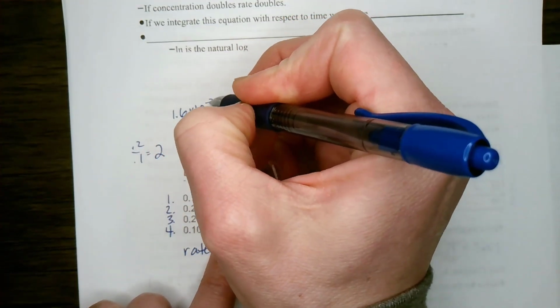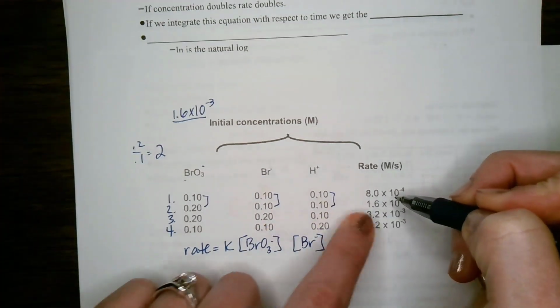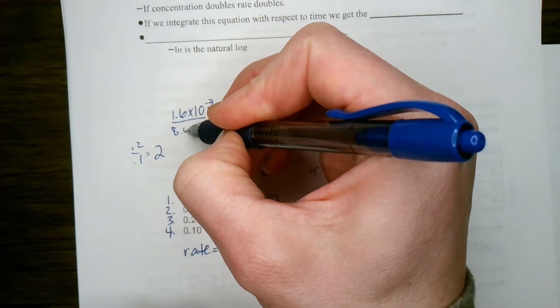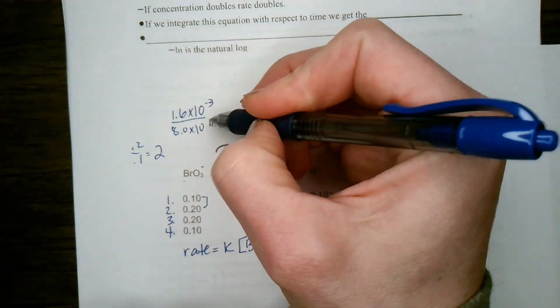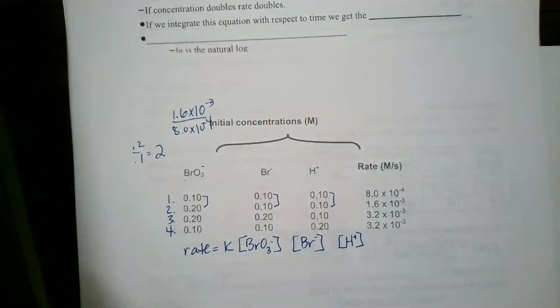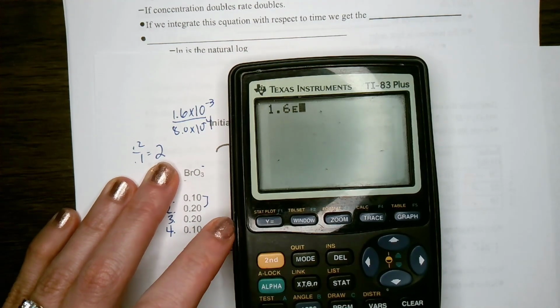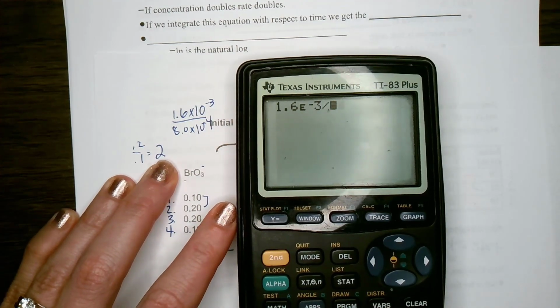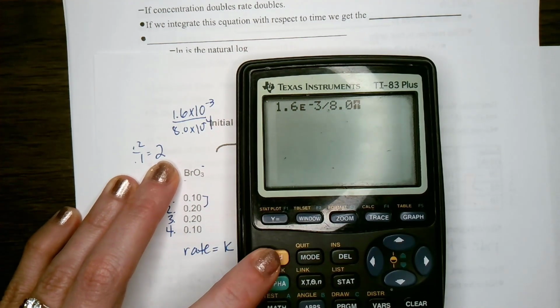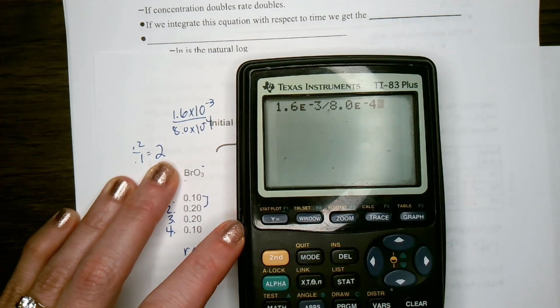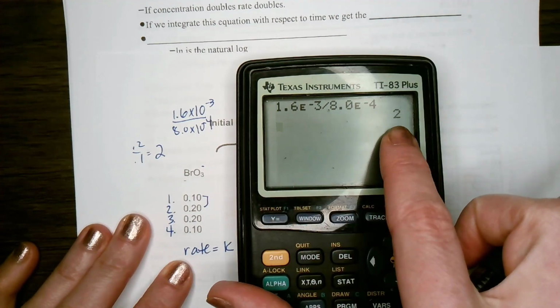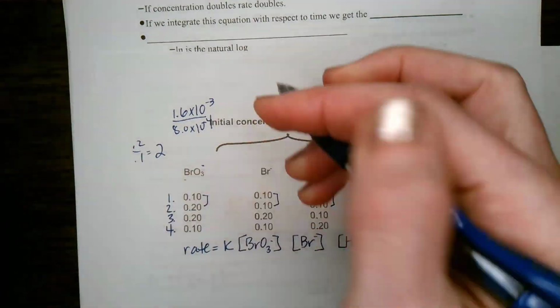So I'm going to do 1.6 times 10 to the negative 3 divided by 8.0 times 10 to the negative 4. So let's see what happens with that. 1.6 times 10 to the negative 3 divided by 8.0 times 10 to the negative 4.